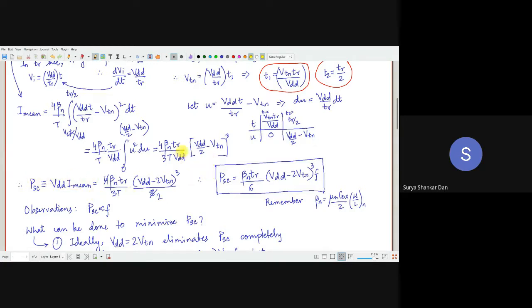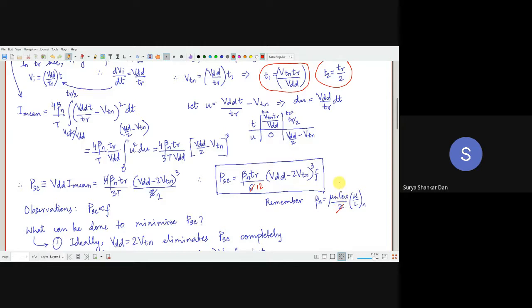Once you have that, you just pull 2 outside and you are left with this relation. Now please remember one thing: in the textbooks you will find that instead of 6 they will write 12. In that case this beta n doesn't have this 2. ठीक है, कोई बात नहीं, if you are copying from the book or studying from the book, absolutely fine, you just put 12 here, but please remember, in that case you should not take 2 over here.